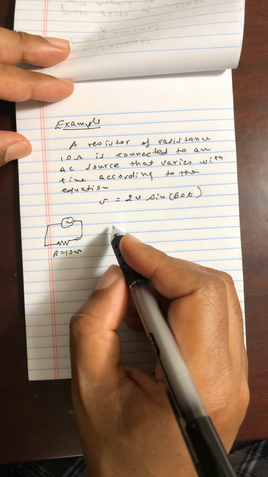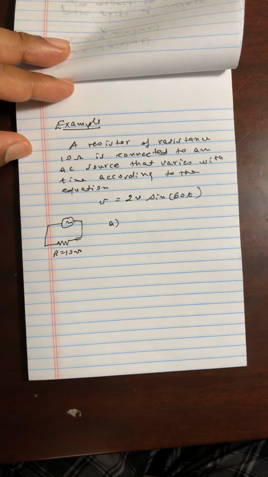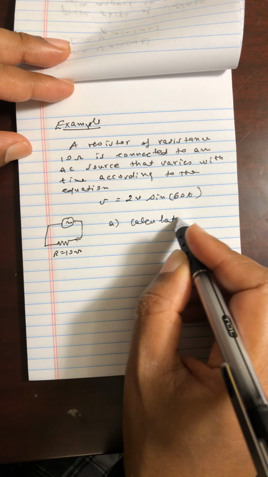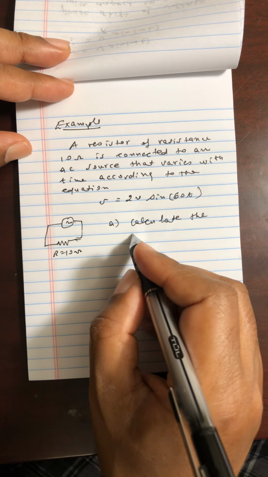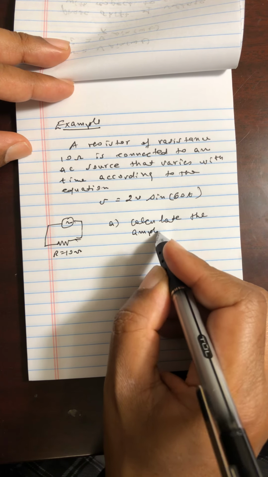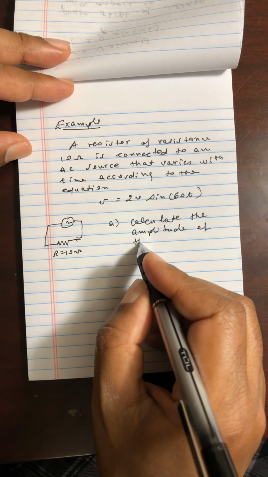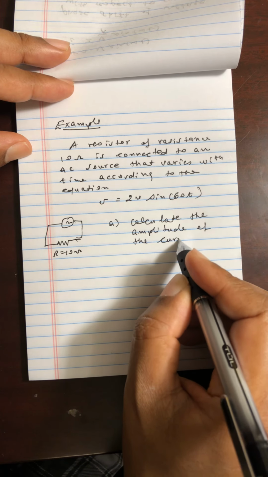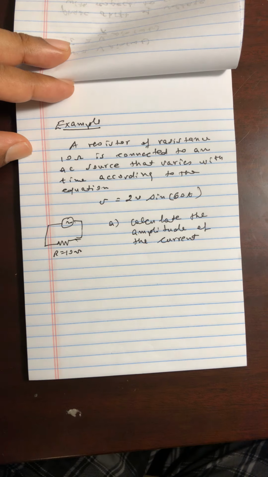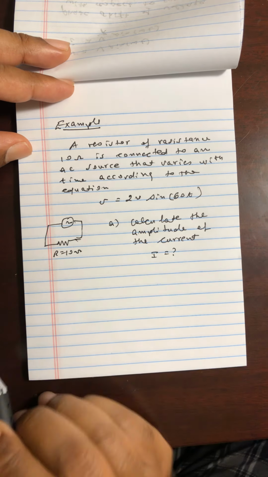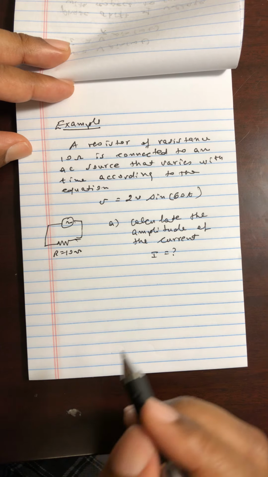Okay, so let's ask some questions. A, calculate the amplitude of the current. So we're looking for capital I, the amplitude of the current.